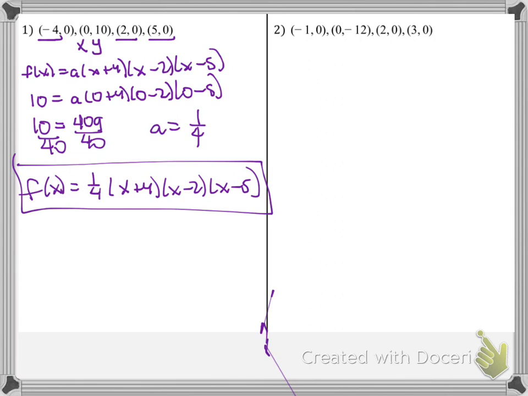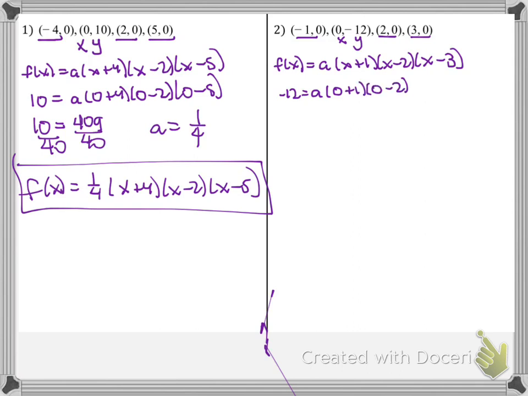In this other example, my x-intercepts are -1, 2, and 3. This is my x and y. So this is f of x equals a times (x plus 1) times (x minus 2) times (x minus 3). And then my y is -12 equals a times (0 plus 1) times (0 minus 2) times (0 minus 3).